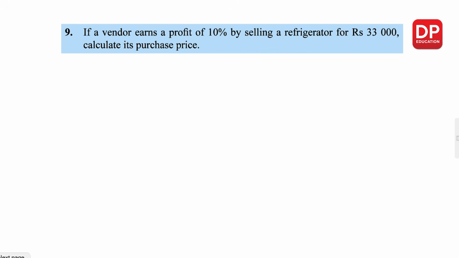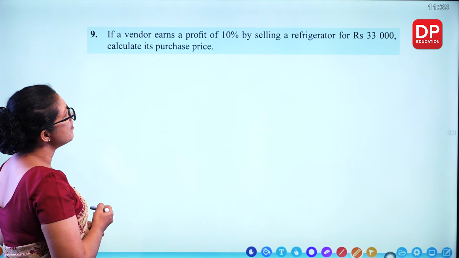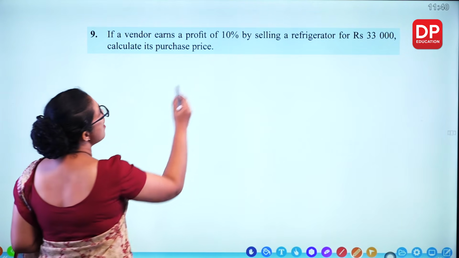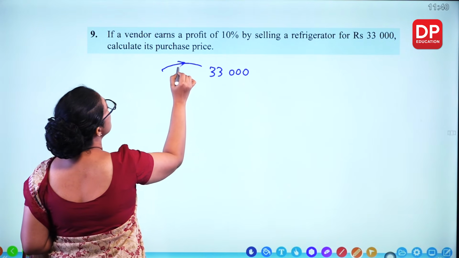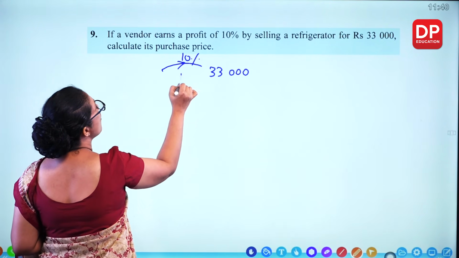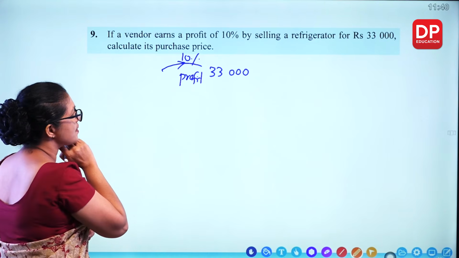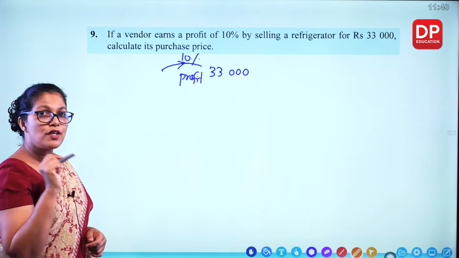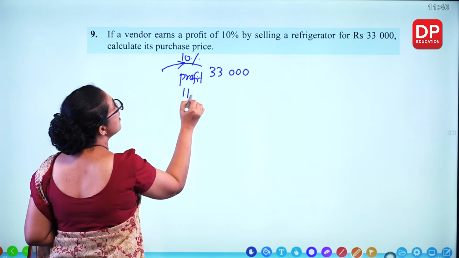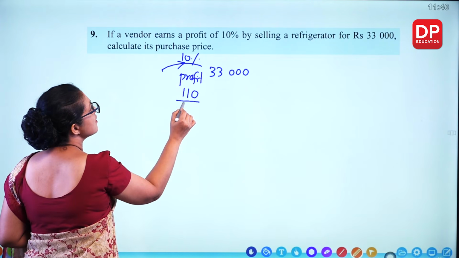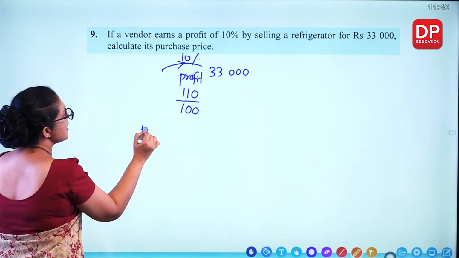Question number 9. If a vendor earns a profit of 10% by selling a refrigerator for 33,000 rupees, this is 10% profit, you are asked to find out the purchase price. So profit of 10% means you have to take 110 if it's 100 rupees. So what's the purchase price?